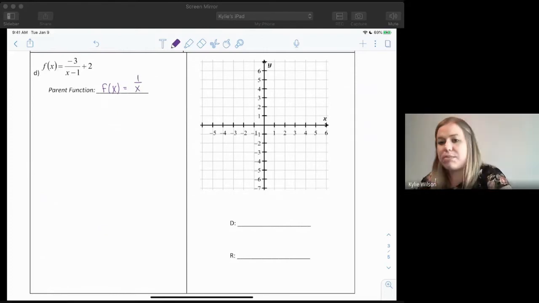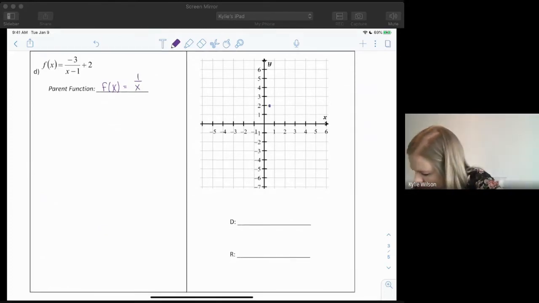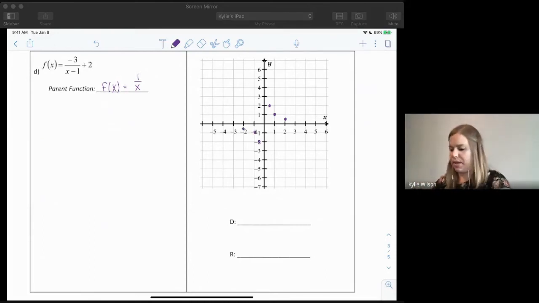So let's start by graphing our parent function. There we go. And remember, we have these asymptotes on the sides here. So our lines can't touch the x and y axis.